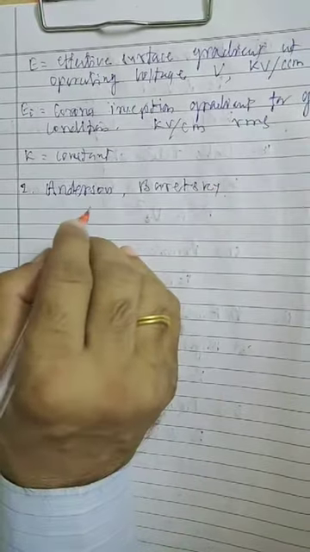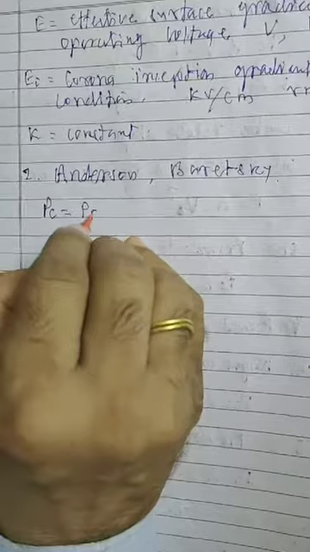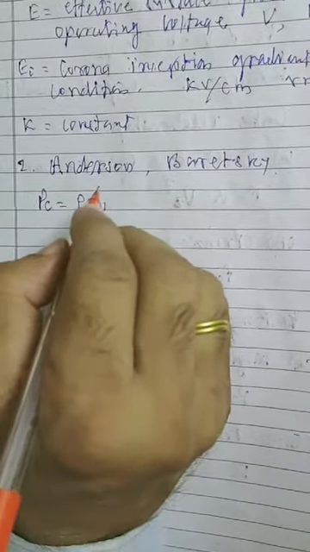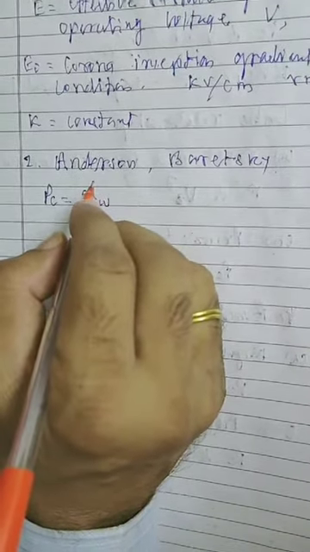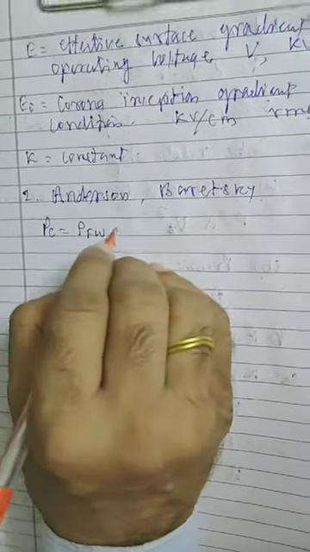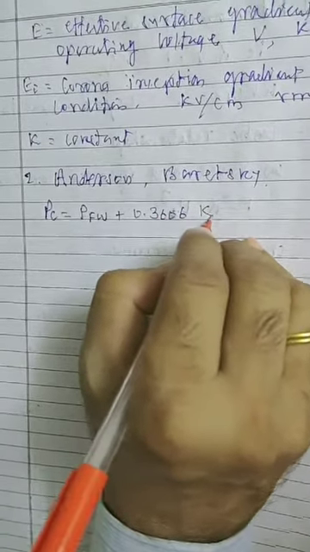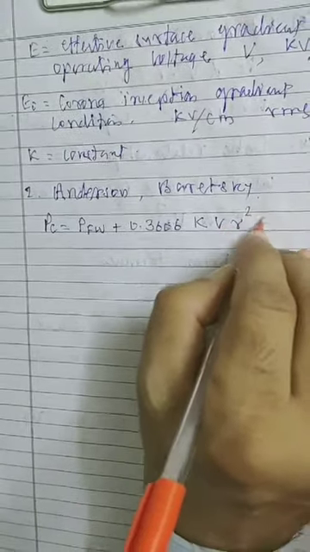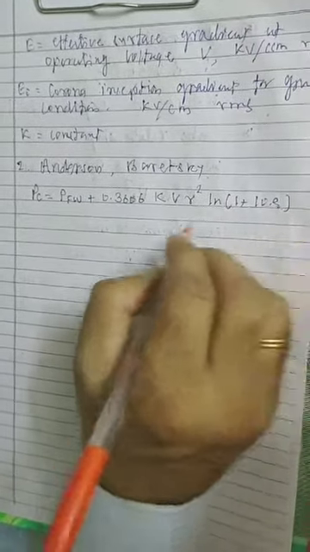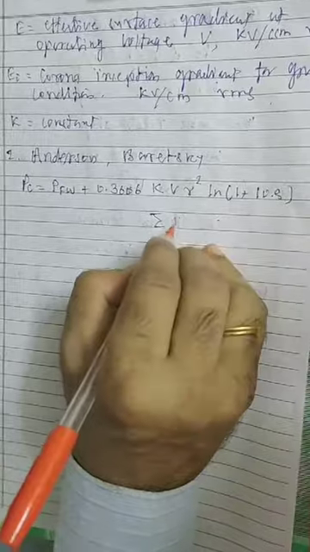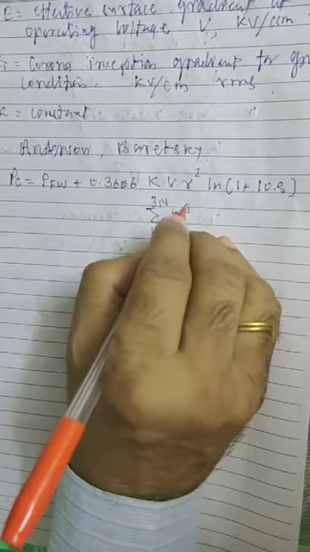As per the Anderson formula, corona loss Pc is PFW, the loss in fair weather condition, plus 0.3606 into K into V R square ln (1 plus 10 into rho into summation of 1 to 3n into e raised to 5).